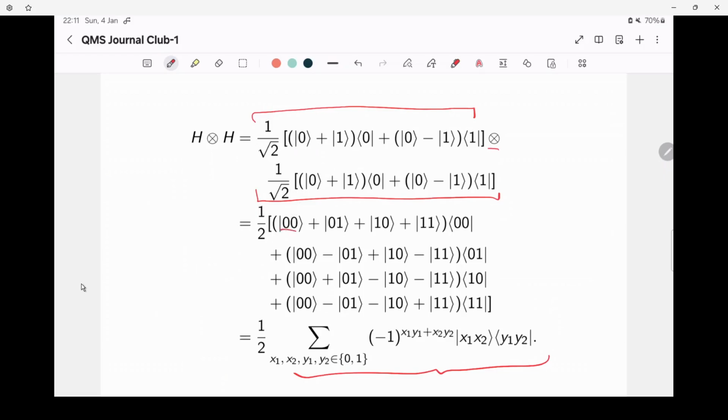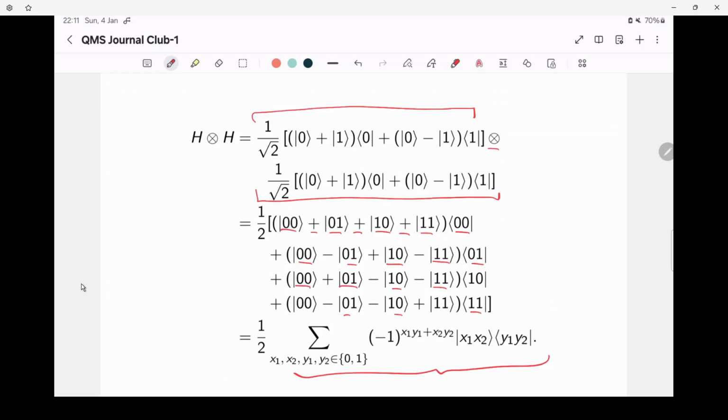So you have 0, 0, 0, 0, 0, 1, 1, 0, 1, 1. These are all positive. When you look at the 0, 1 version, this is positive, this is positive, these two are negative. When you look at the 1, 0 version, these are positive, positive, negative, negative. And then the 1, 1 version, the middle ones are negative.